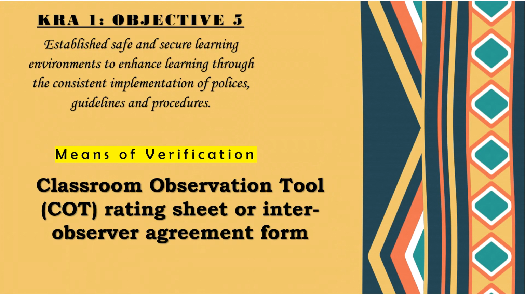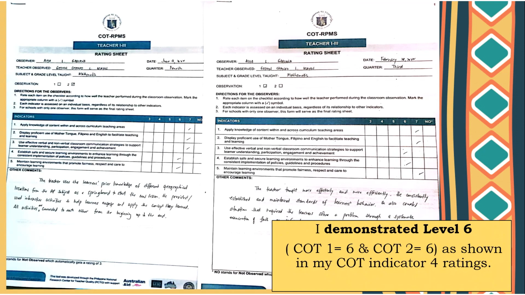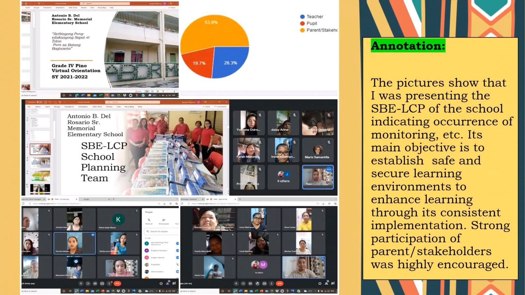Objective 5. Establish safe and secure learning environments to enhance learning through the consistent implementation of policies, guidelines, and procedures. So, ang atin pong MOV ay dalawang rating sheets. So, I demonstrated level 6 as shown in my COT indicator 4 ratings. Despite po na 6 po ang ating rating po sa COT, meron po tayong complemented pictures na nagpapakita.